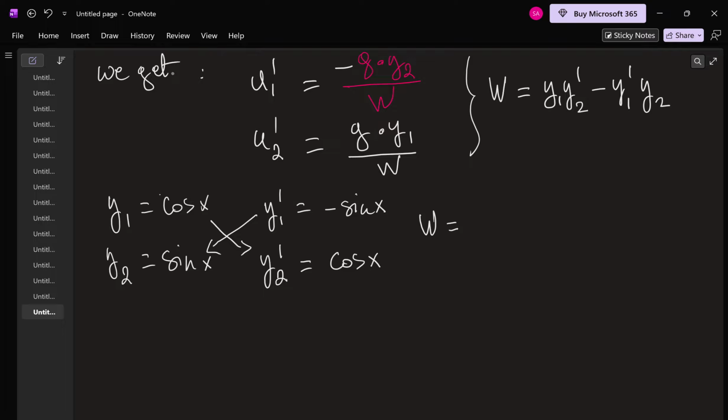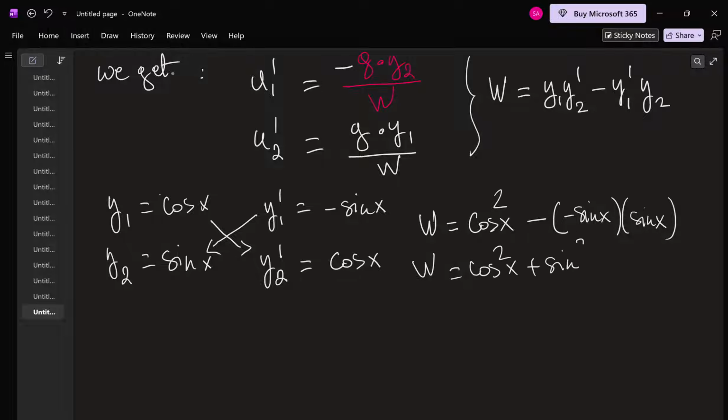So it is cos x squared minus minus sine x times sine x. So W is equal to cos squared x plus sine squared x, and this is equal to 1.